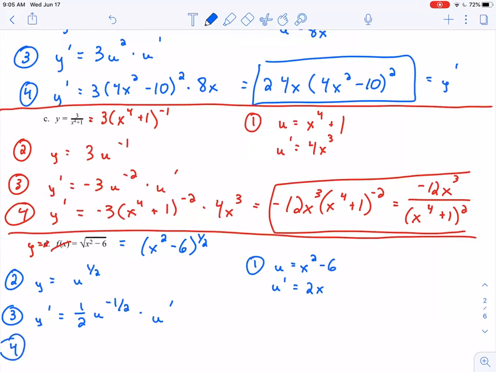And then in step 4, I'm going to replace my u and my u prime. So y prime is equal to 1/2 times x squared minus 6 raised to the negative 1/2 power times u prime. U prime is 2x. Again, this one simplifies really nicely. We've got a monomial.